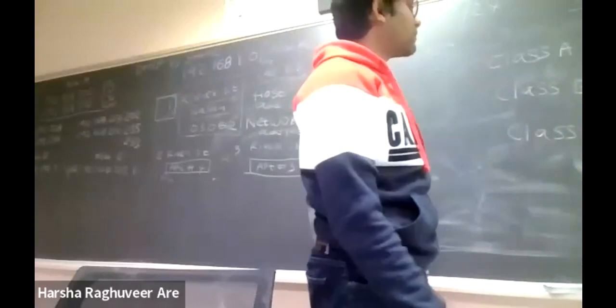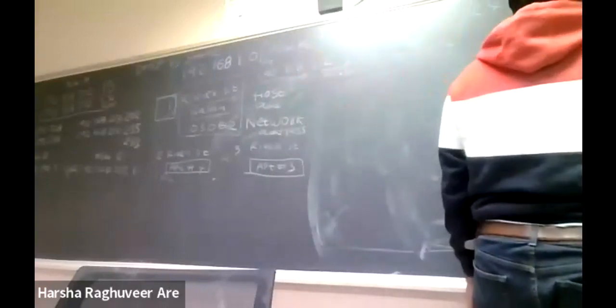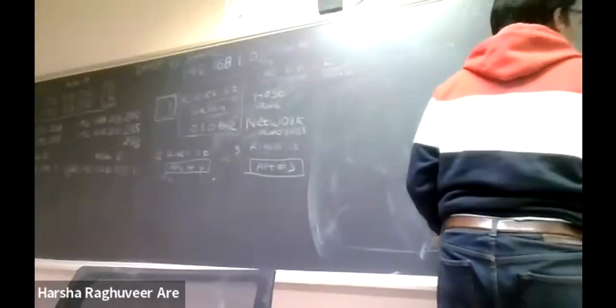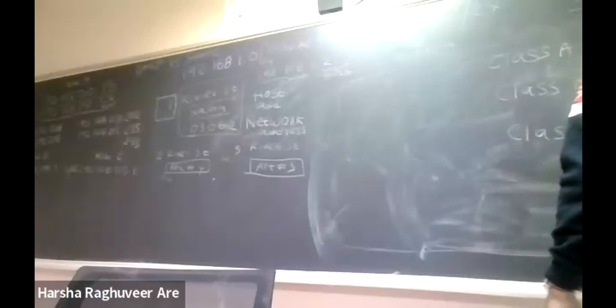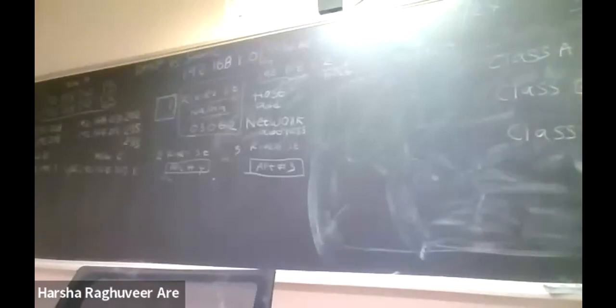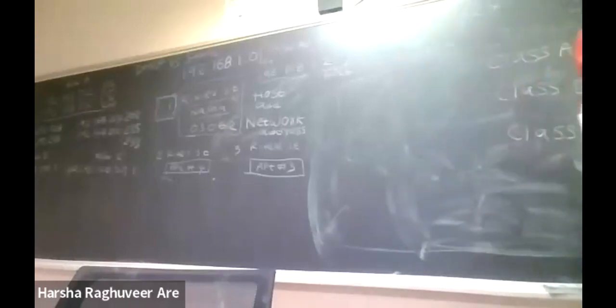Let's think about the class C. This is 192 till 223. I might be wrong on the numbers, but just to give an estimate. How many hosts can you have? 2 power 8, right?